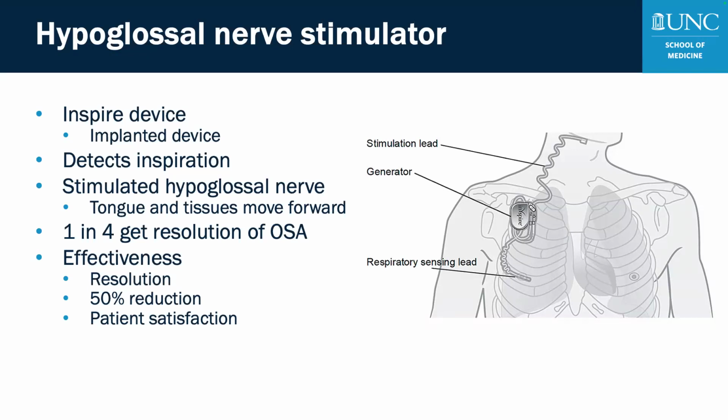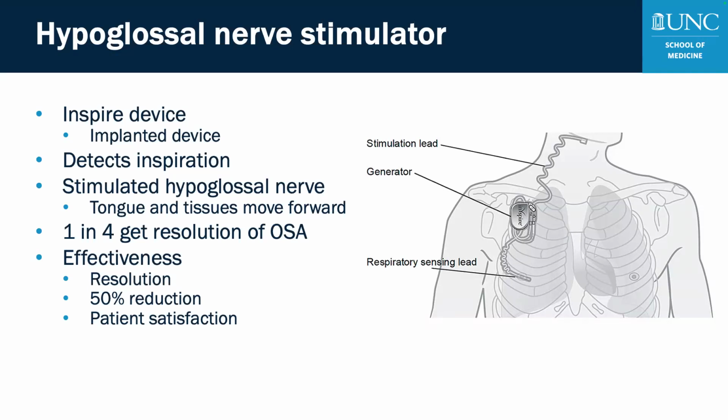But effectiveness in the trials to get this approved was resolution, that it completely fixed your sleep apnea and your AHI was less than 5. Or there was a 50% reduction in the severity of your sleep apnea. So you had an AHI of 60 and you got this device, and then afterwards you have an apnea-hypopnea index of 30.